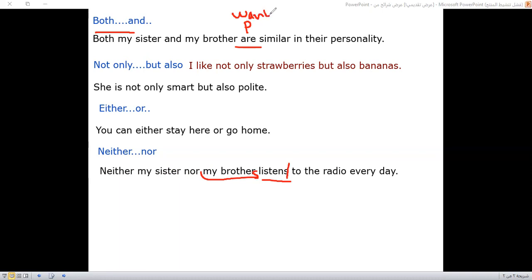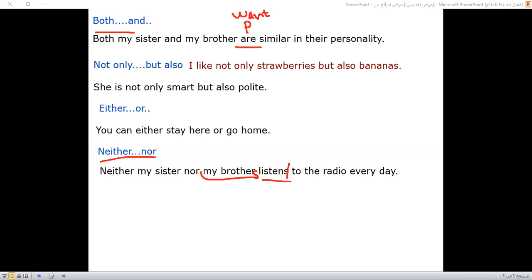So this is a plural form in the present simple of the plural. But in neither and nor, I have to use the verb not in a plural form or a singular form, but according to the noun that I have before it. Do I have my brother, one, singular? Then I'm going to say listens or is listening according to the sentence. If I have my brothers, then I'm going to have the plural form, whether it's listen or are listening. Okay, did we understand that?